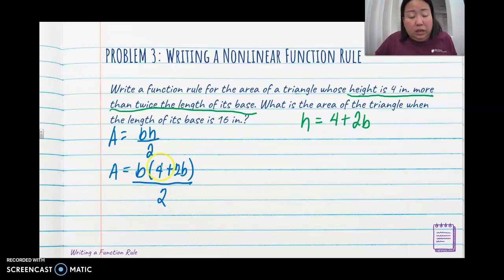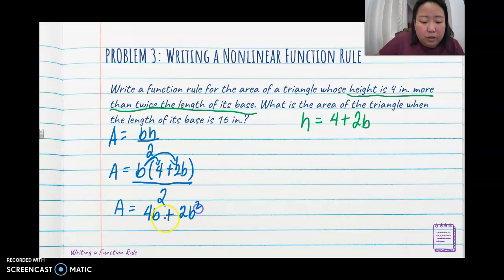Now you can leave this as it is, but typically you are required to simplify the expressions. All right. So to simplify this, you will have to distribute b to this group here. So you will have A equal to 4 times b, which is 4b, plus b times 2b, that's 2b squared. And then you still have your division by 2.